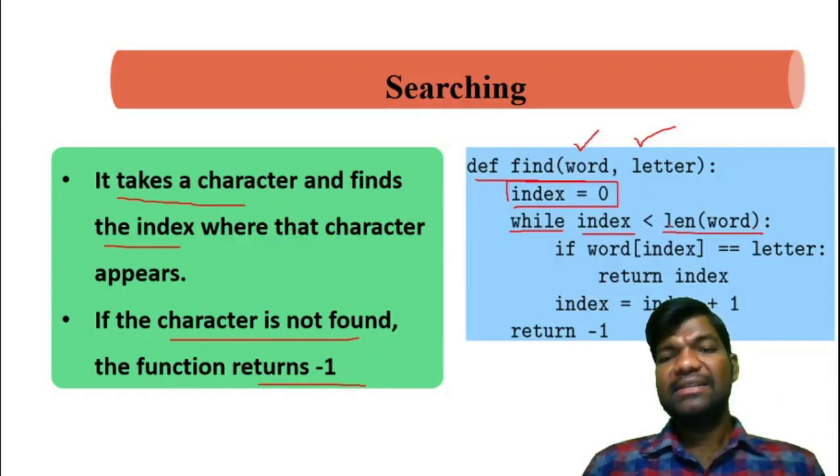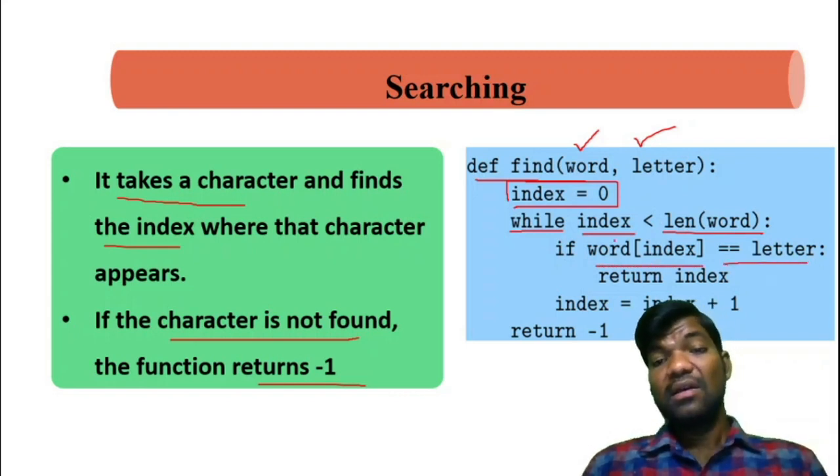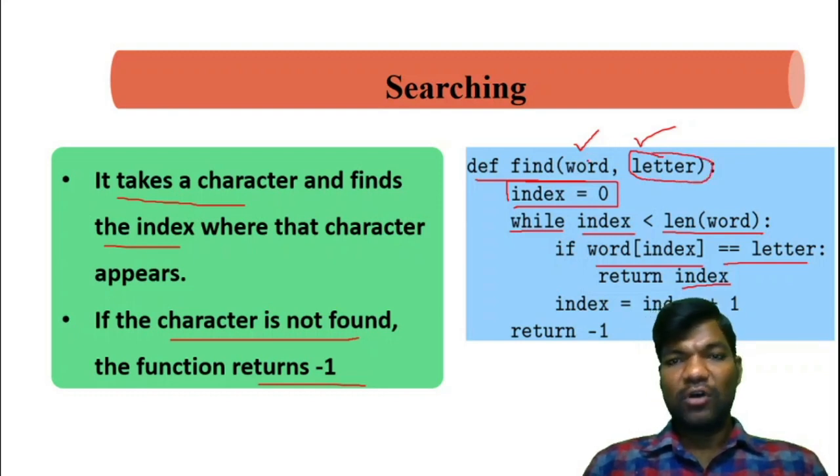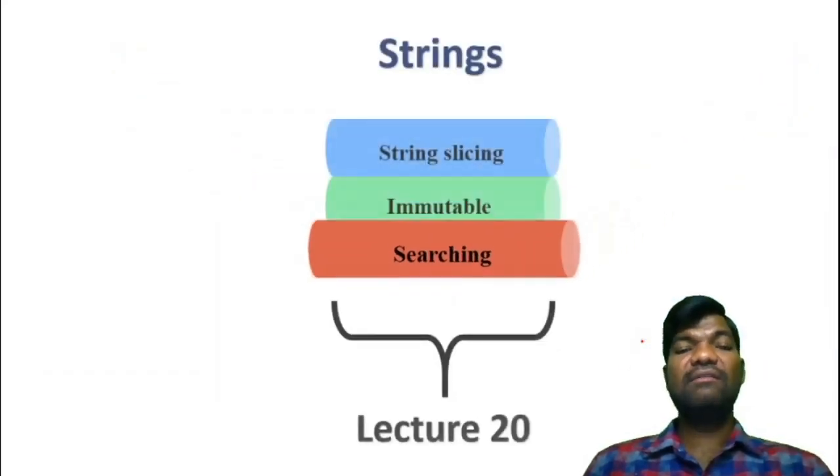So if word of index equals letter, that means in the word, the index you are specifying is equal to the given letter, it will return the index. That means the letter is matched with the word, and the index is returned, otherwise it is incremented. That's the concept of searching.